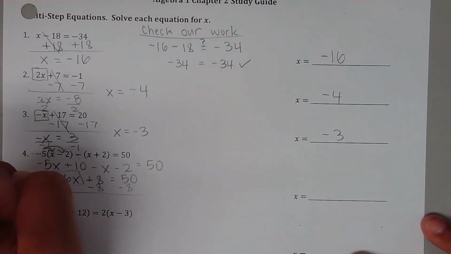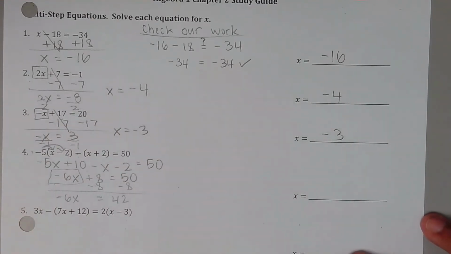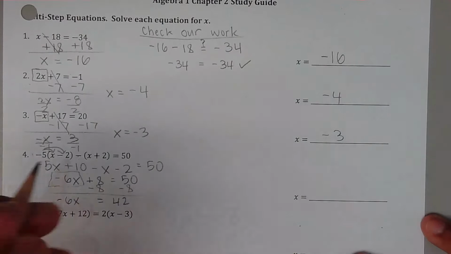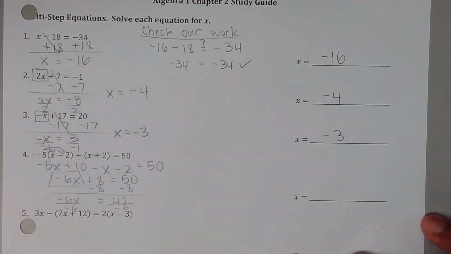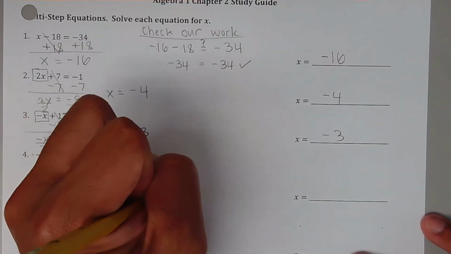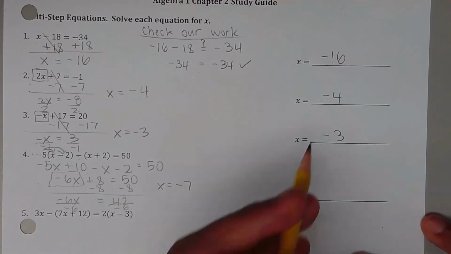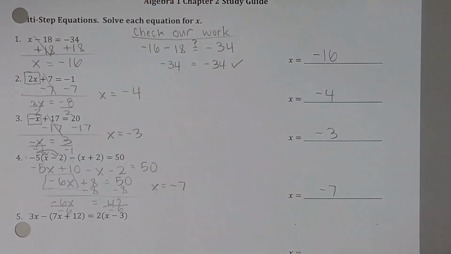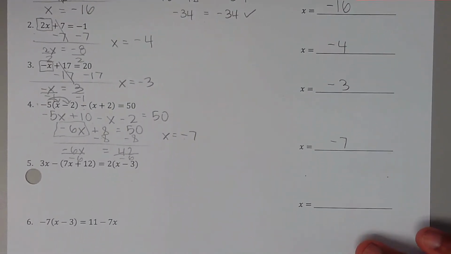We get negative 6x is equal to 42. All right, dividing both sides by negative 6, we get x is equal to negative 7. X is equal to negative 7. Final answer.